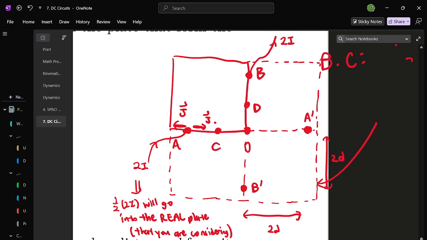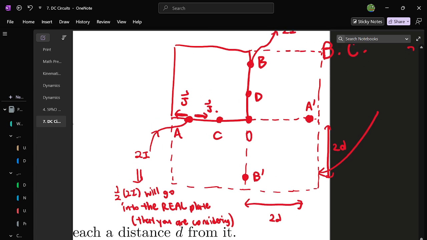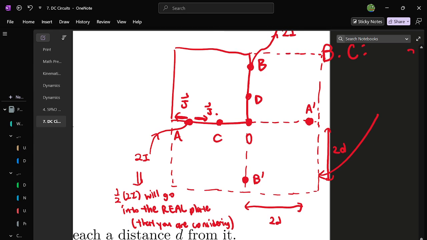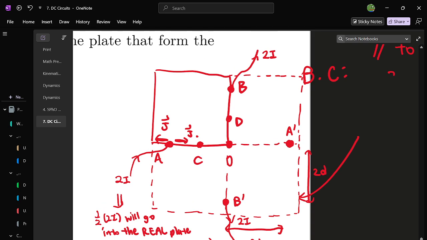Now, what is the symmetry here? So you have B prime and A prime. Probably the easiest symmetry you spot is just extracting 2I from B prime, putting in 2I from A prime.